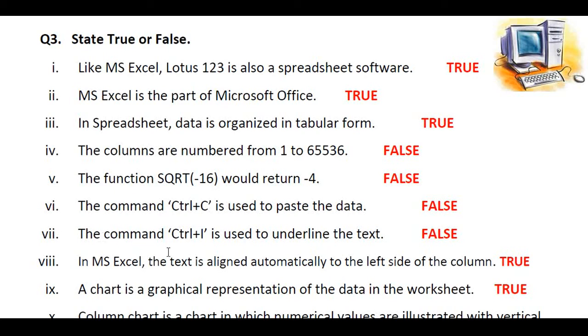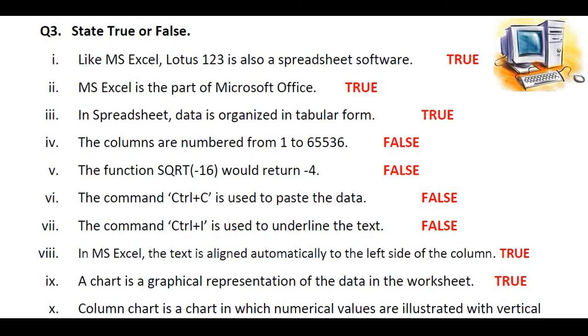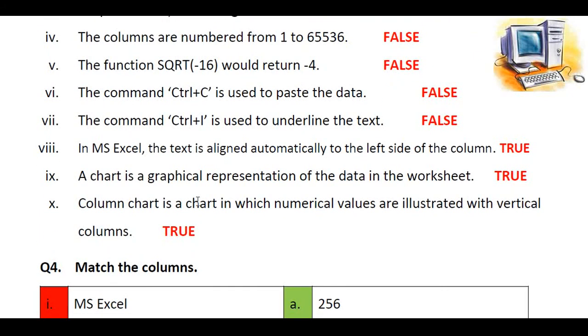Seventh statement is the command Ctrl+I is used to underline the text, that is also false. Ctrl+U is for underline and Ctrl+I is used for making the text italic. Eighth statement is in MS Excel the text is aligned automatically to the left side of the column, that is true.